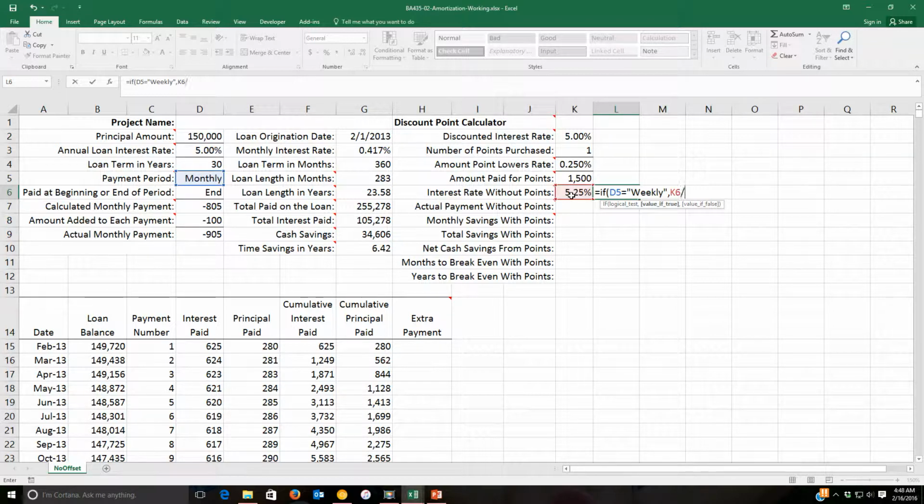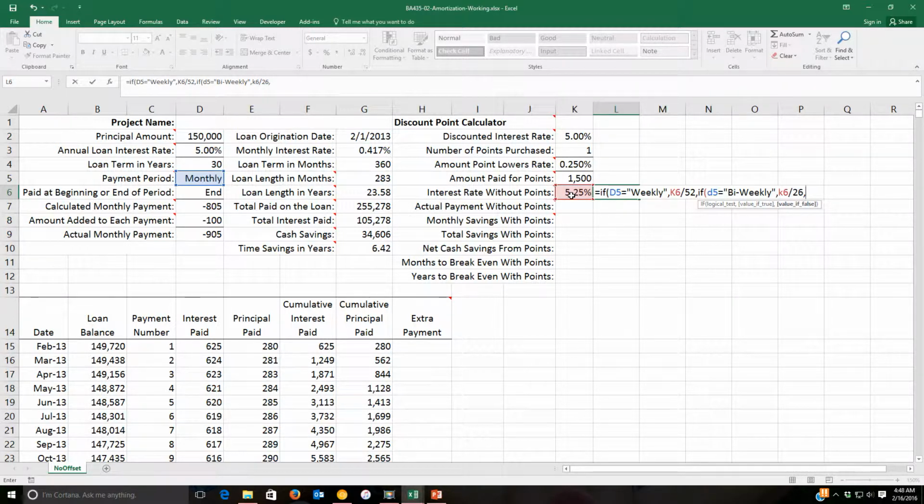Otherwise, we're going to use another if statement. Let's say if the value in D5 equals biweekly, always careful to spell these correctly, then we'll take the value in K6 and we'll divide it by 26.